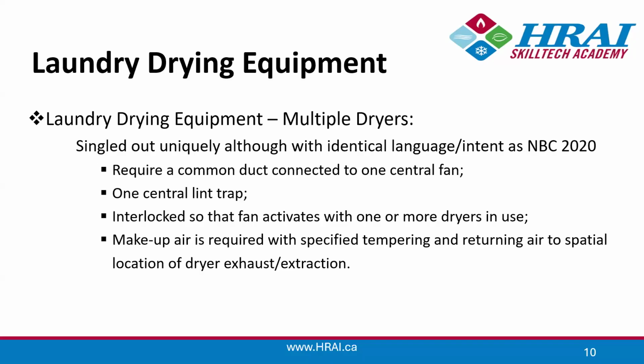So you do need to have a common duct connected to one central fan, one central lint trap. The laundry drying equipment should be interlocked so that the fan activates with one or more dryers in use. And of course, makeup air is required with specific tempering and returning air to the spatial location of the dryer or exhaust extraction.